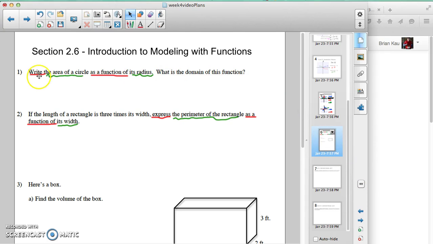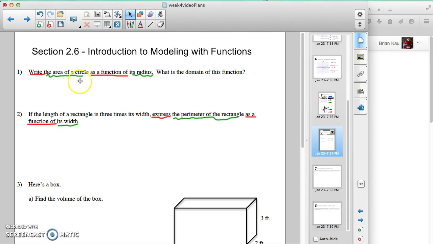So when we say write the area of a circle as a function of the radius, we're really filling in, we can write some value as a function of another value. So in this case, I've underlined in red where it says express or write as a function, write something as a function of something else.